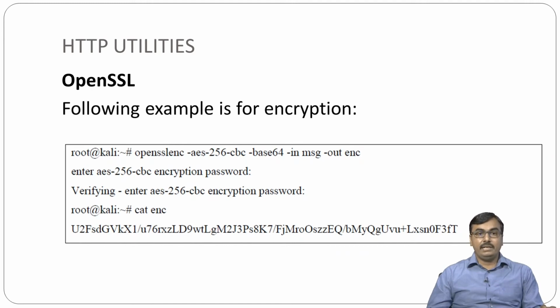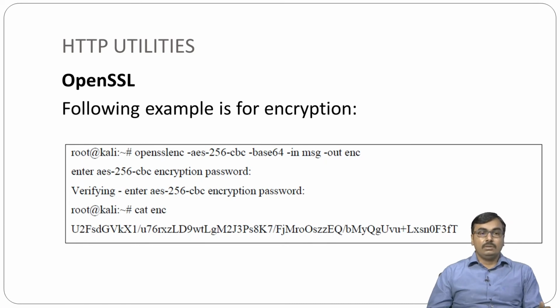After entering this command you will be prompted for the password. You have to provide whatever password you desire. After that it asks again for verifying the password, so you have to enter the same password for verification purposes. Then you can see in your desired location the enc file is generated through this OpenSSL command.